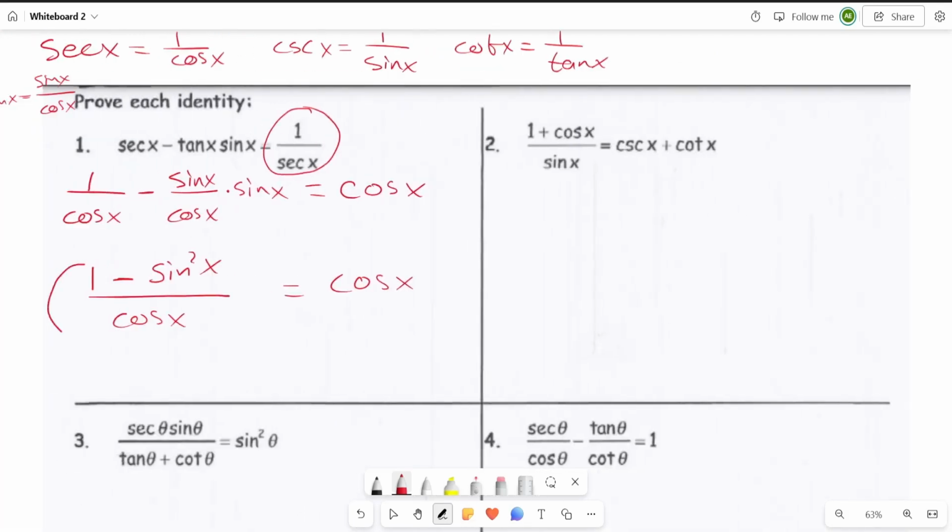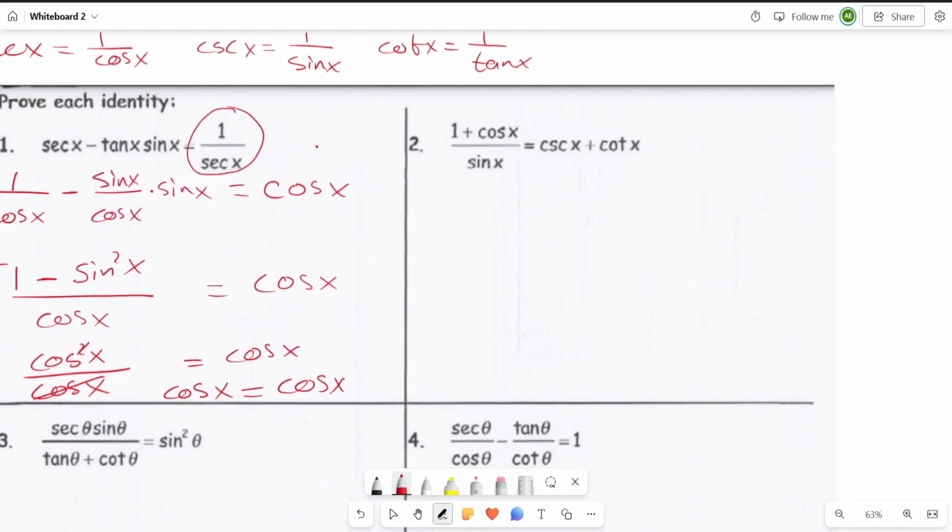So I can replace this with cosine squared x over cosine x, and this should give me cosine x. And by dividing, one cosine x will go from the top and it will divide by the one on the bottom. So on the left I will have a cosine x, and on the right I'll have a cosine x, and this is how I proved this identity.